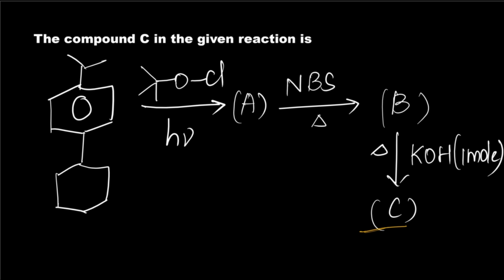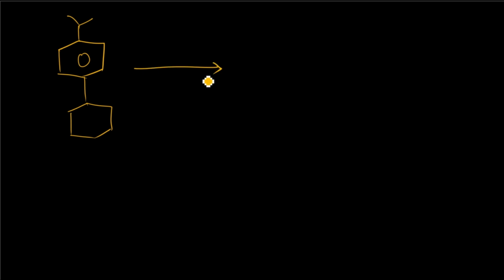Let me write the reactant. And the first step, which is tertiary group with Cl2, H nu. So what is this type of reaction? H nu, light or sunlight.